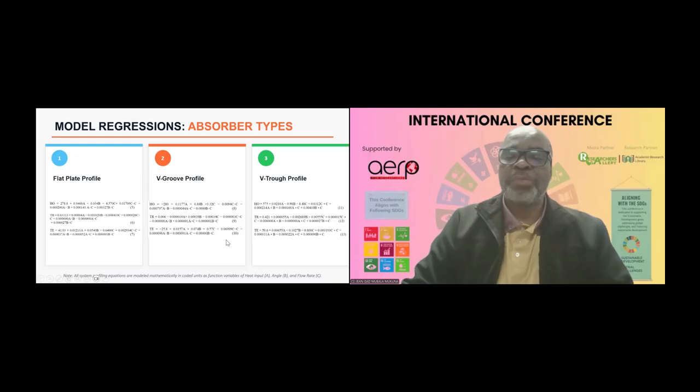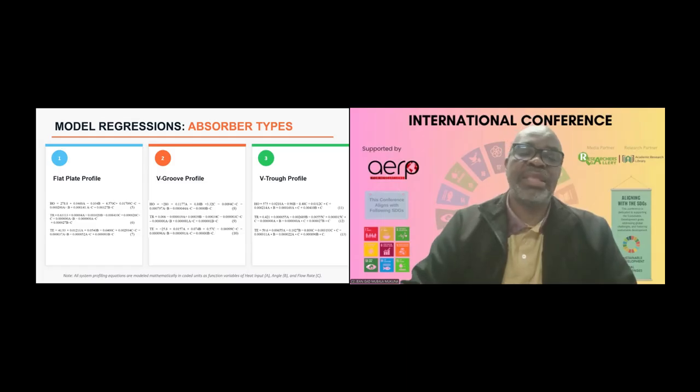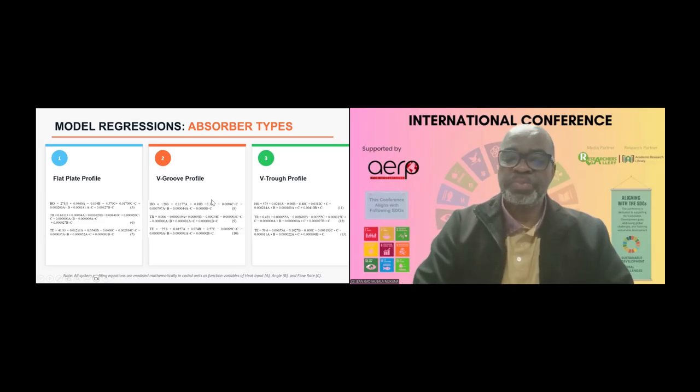And those represent A, B, and C. For the output variables, we have the heat output, HO, the thermal resistance, TR, and the thermal efficiency, TE. So those are the models that we will analyze for each output variable.